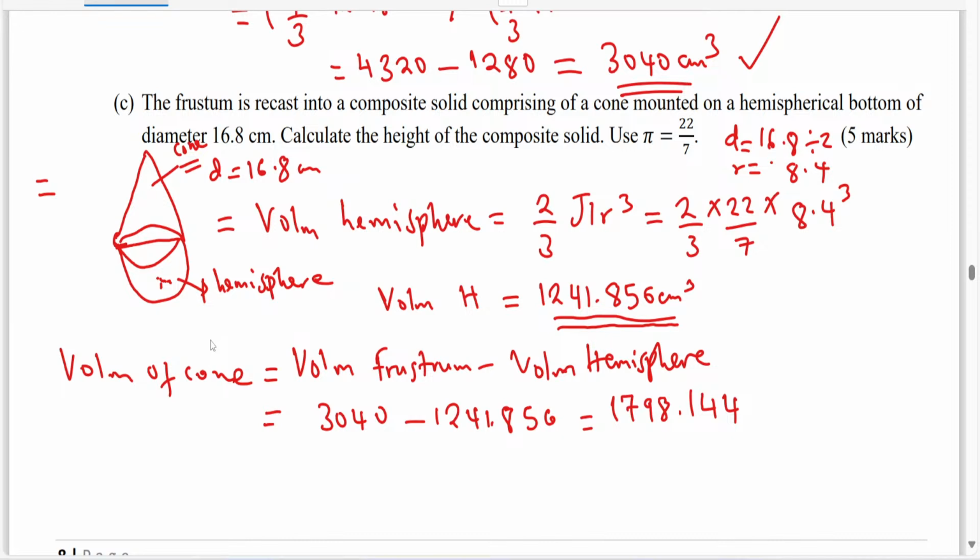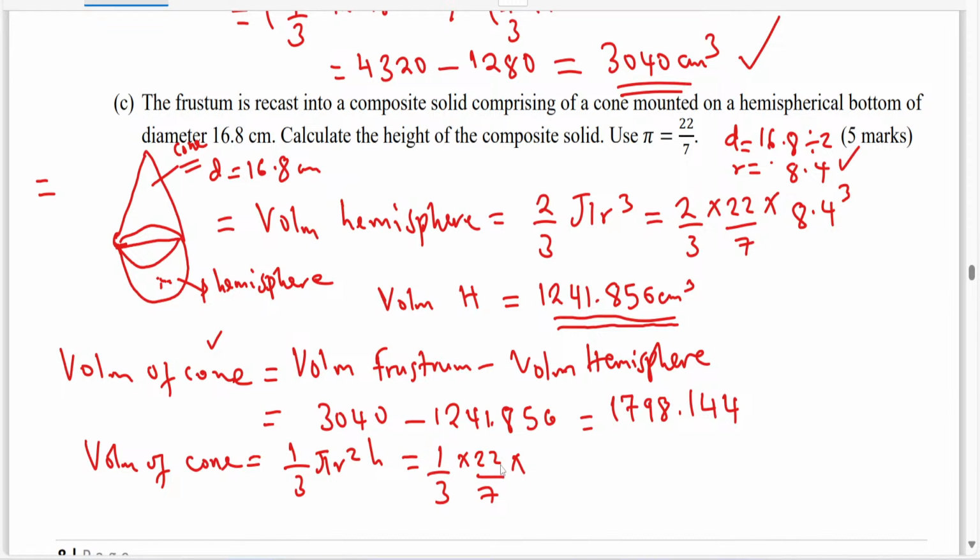So the volume of the cone is given by 1/3 times pi r squared h. So 1/3 times pi, which is 22/7, times r, which is 8.4, because the radius of the hemisphere is just the same as the radius of the cone.